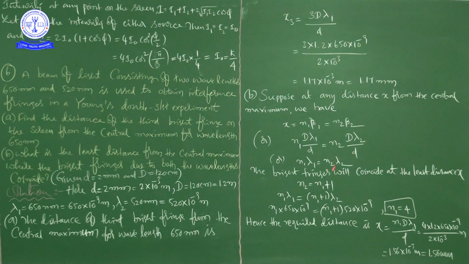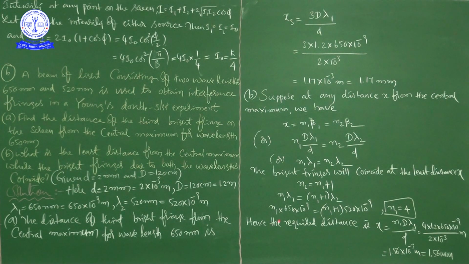Write down this value in this equation, so that N1 lambda 1 is equal to N1 plus 1 into lambda 2, right? So substitute the values now. That is 650 into 10 to the power of minus 9 for one wavelength, and 520 into 10 to the power of minus 9 this side.